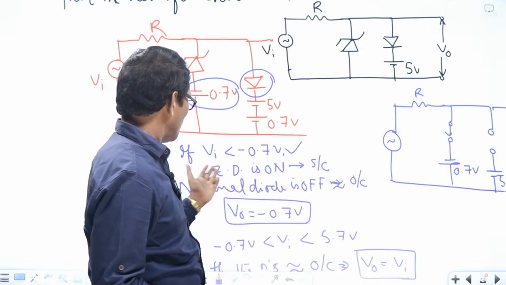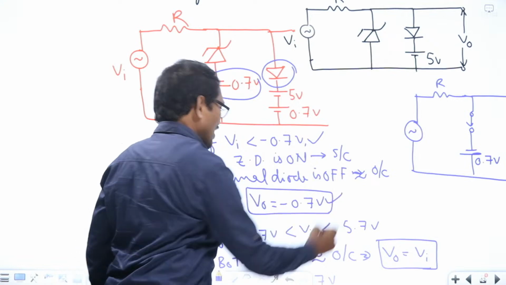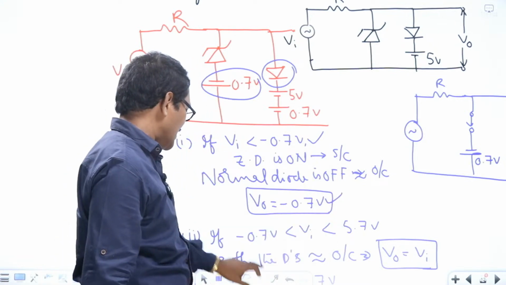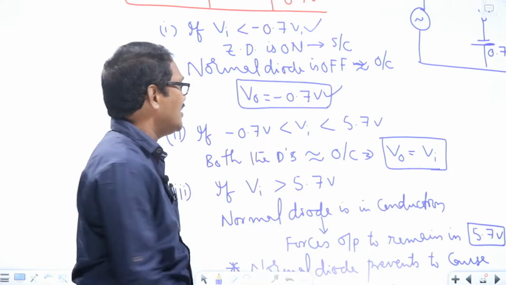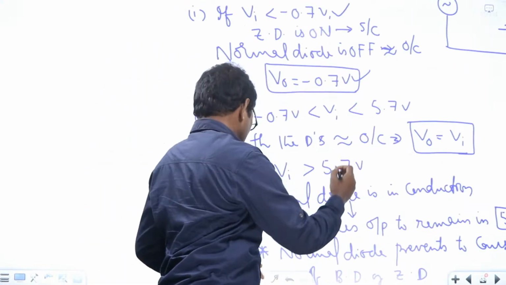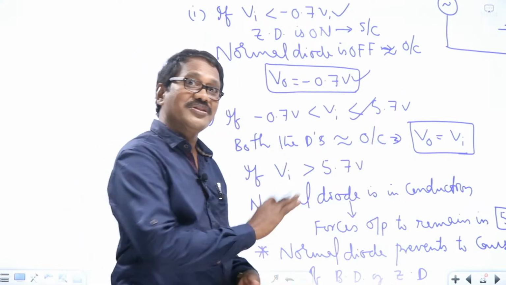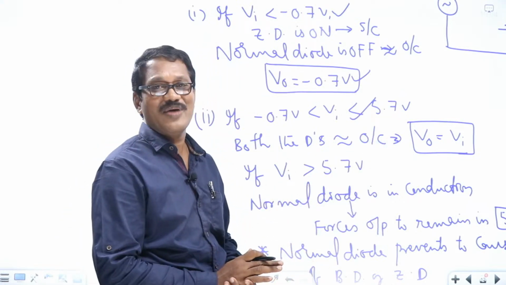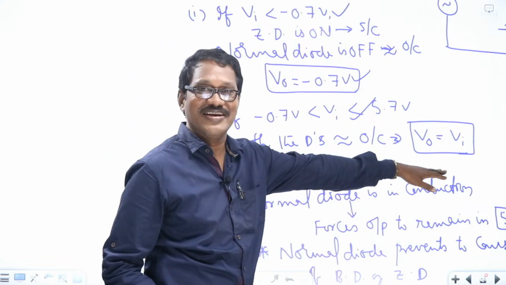The output voltage in this case is minus 0.7 volts. The second case is if VA is between minus 0.7 volts and 5.7 volts. Then both the diodes are reverse biased and act as open circuits. Now the output follows the input variations.